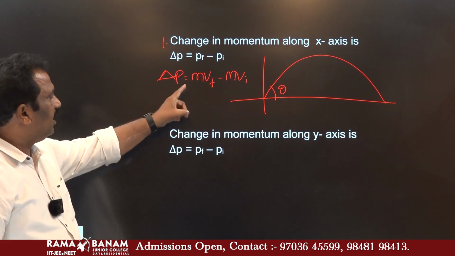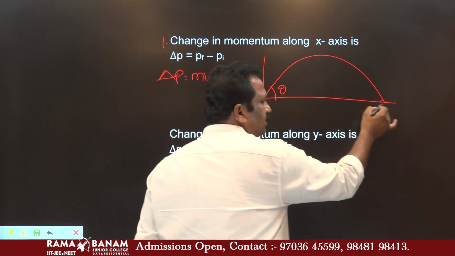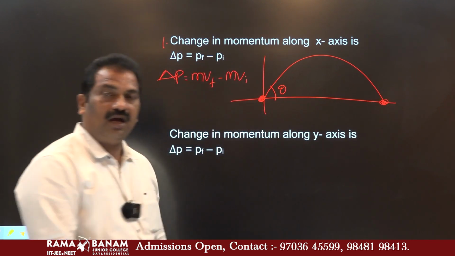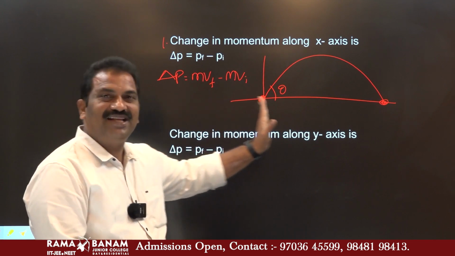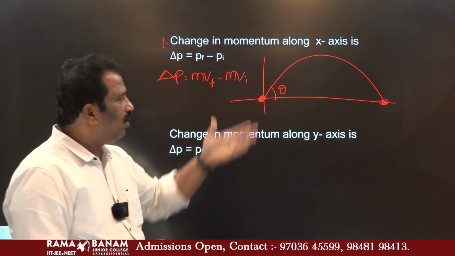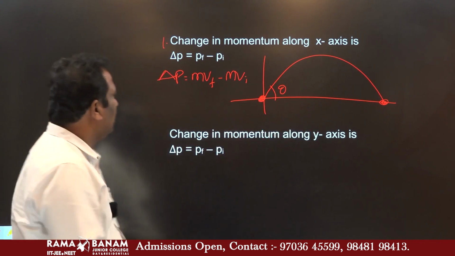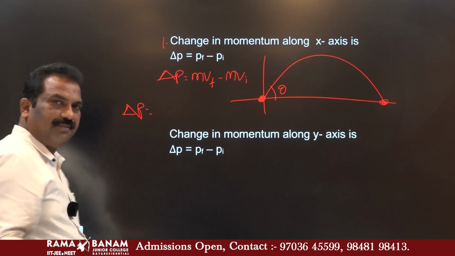Now, along the horizontal direction, the velocity remains constant, so the acceleration becomes 0. So along the horizontal direction, the final velocity is the same as the initial velocity.